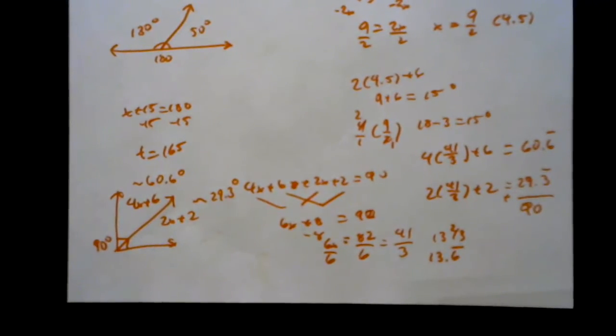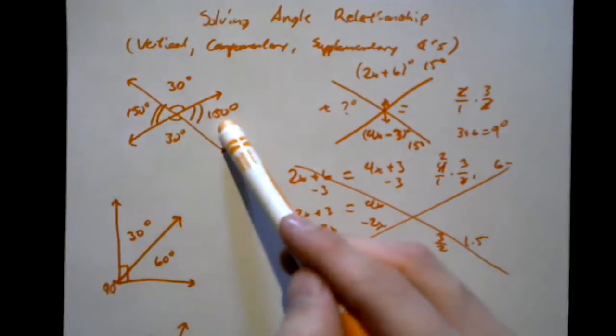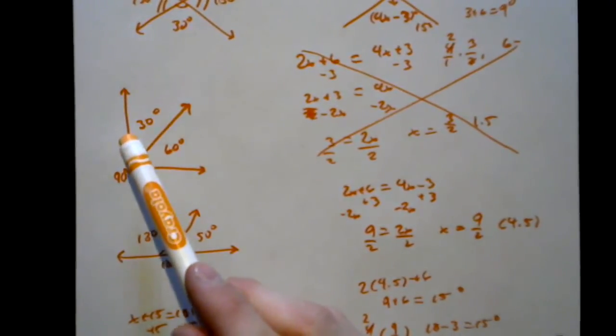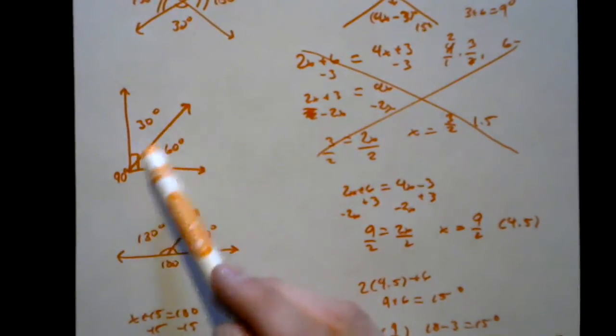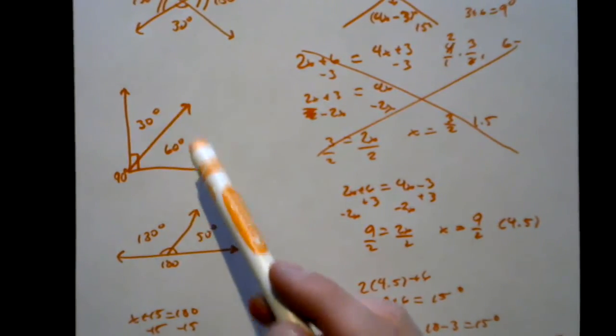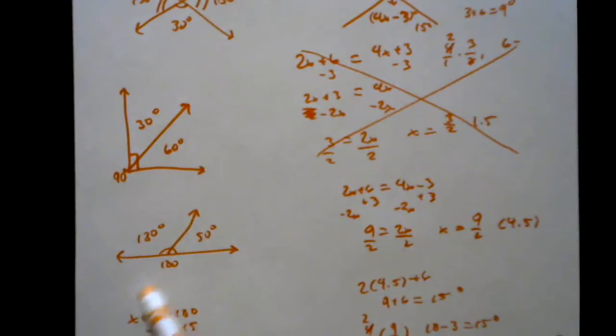So in conclusion, remember that vertical angles are equal across both sides. Complementary, you have all the angles that are bisected by a ray that are equal to 90. And then you have supplementary, where it's a straight line where a ray or 2 bisects this, and all the parts have to equal 180.